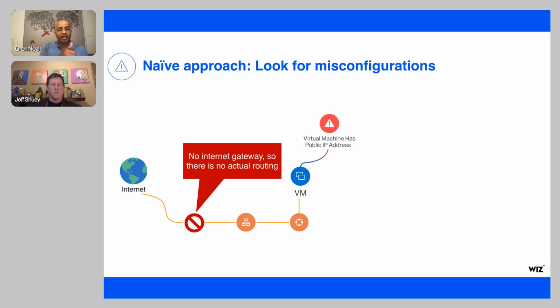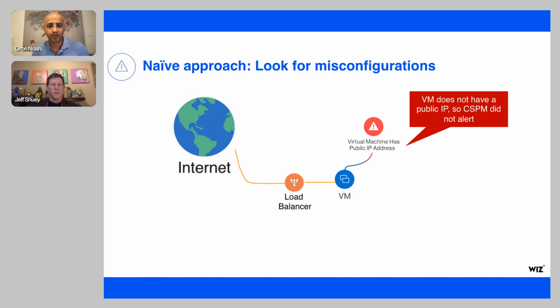I can give you another example from the other hand. Assuming that you have a VM without a public IP, a classic CSPM tool will not trigger an alert because this VM doesn't have a public IP.